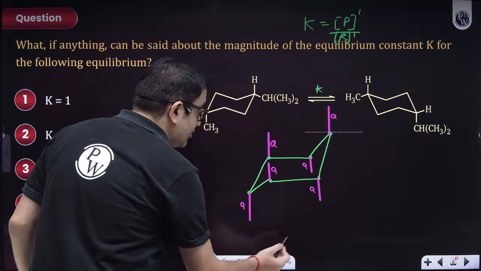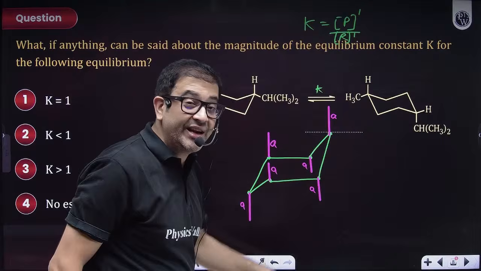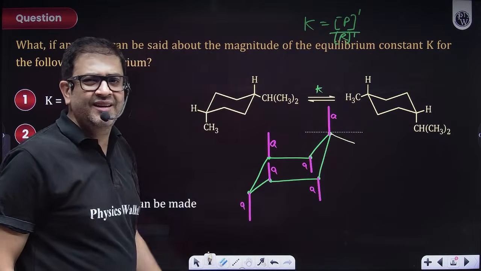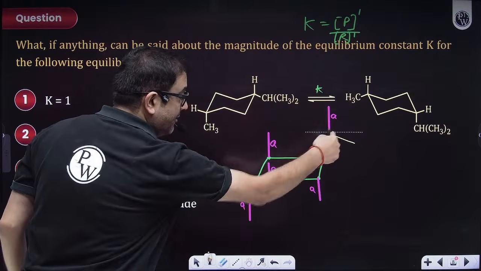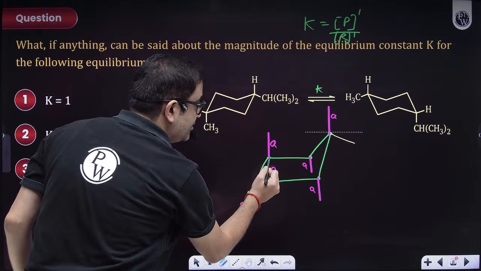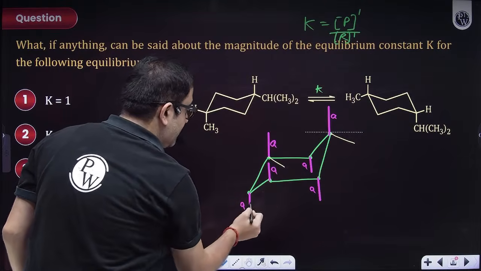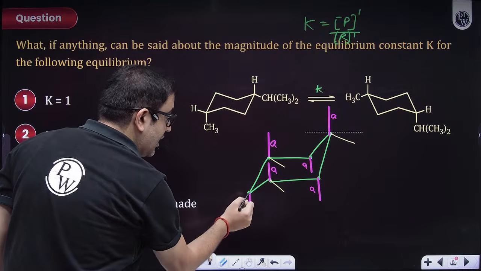So how do you draw your equatorial bonds? Sir, just below the plane a line parallel to the x-axis. So here also think about that x-axis. Because this is up, draw below the plane. Because this is also up, below the plane. Because this is down, above the plane.